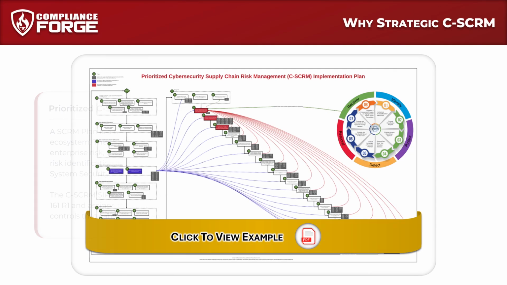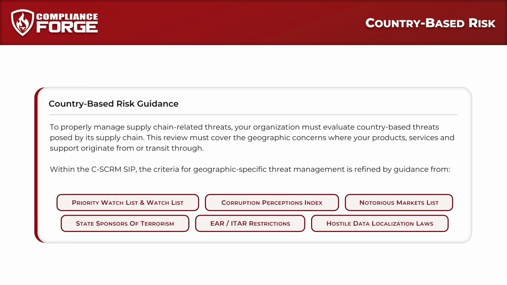Also shown on the product page is the Supply Chain Change Kill Chain, part of the supporting material that comes with the C-SCRM SIP. To properly manage supply chain-related threats, your organization must evaluate country-based threats posed by its supply chain. This review must cover the geographic concerns where your products, services, and support originate from or transit through.